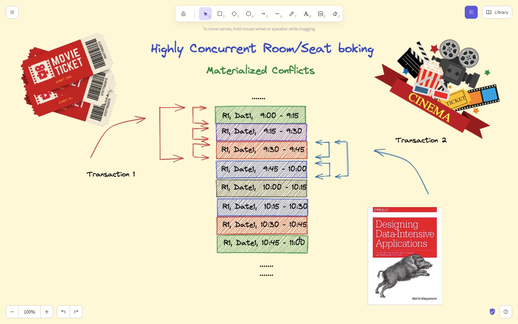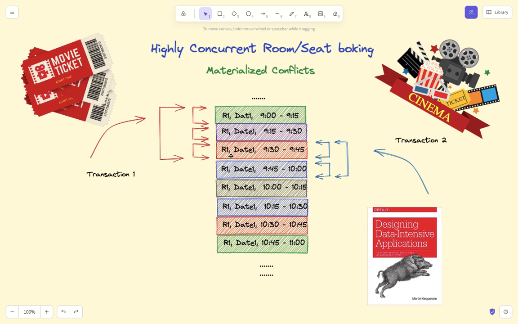Now, transaction 1 wants to book the room for date 1 from 9 to 9:45, whereas transaction 2 wants to book the same room from 9:45 to 10 p.m. Now, there is an overlap of 15 minutes, 9:30 to 9:45, for which both these transactions want to book the room.